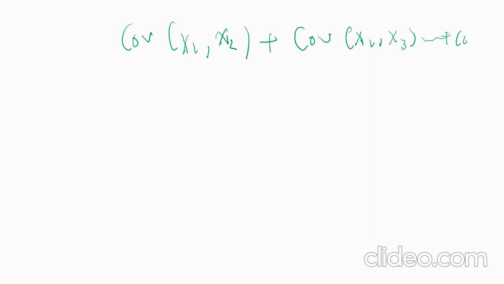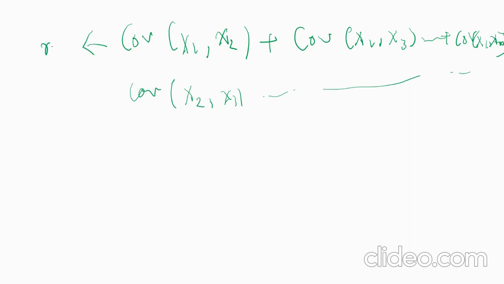For x1, it will be covariance of x1, x2, and then covariance of x1, x3, up to covariance of x1, xn. Now for x2, it will be the same, covariance of x2 with x1 and so on up to xn, just one term will be missing.